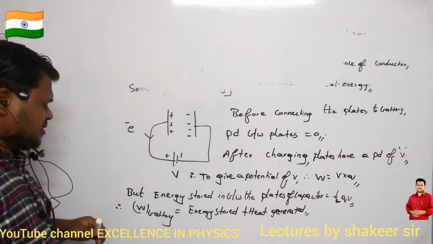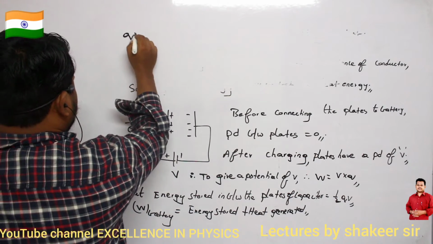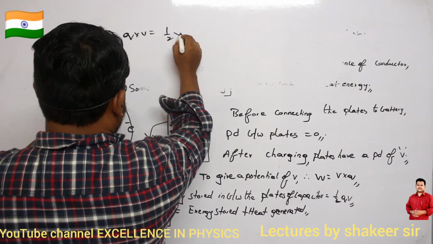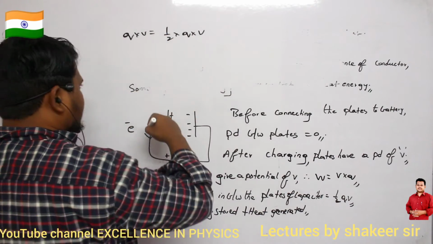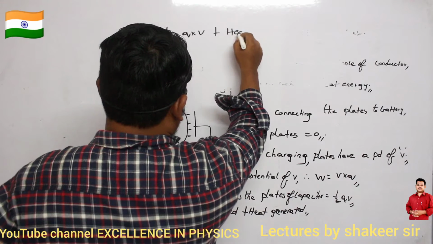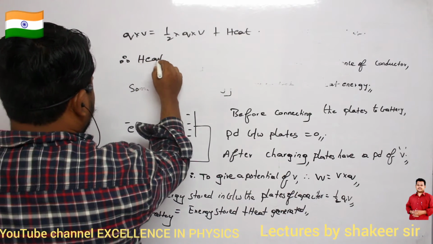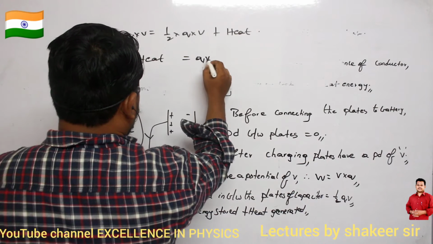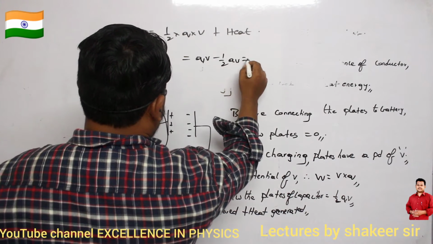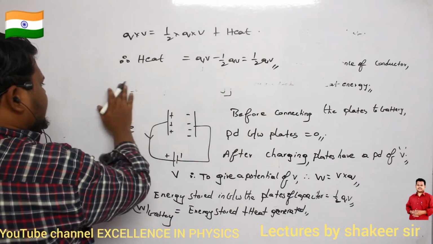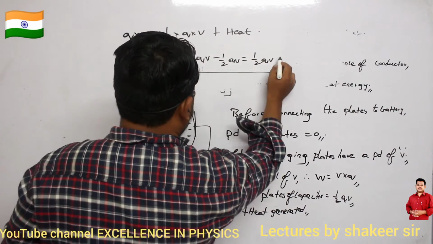Total work done by the battery is Q into V. Energy stored between the plates is half Q into V. The remaining is heat generated. So heat generated equals QV minus half QV, which equals half QV.